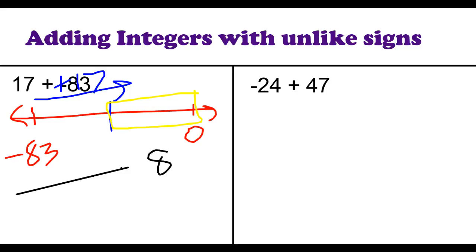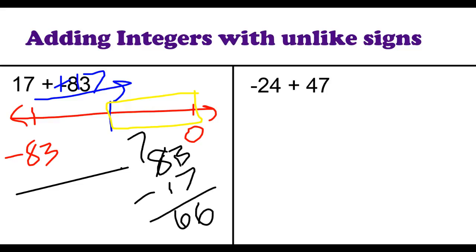We are instead only 66 steps away from 0, but we're still in the negative direction because 83 steps negative is still greater than 17 steps positive. So that sum is negative 66.